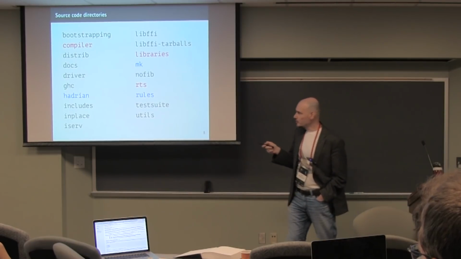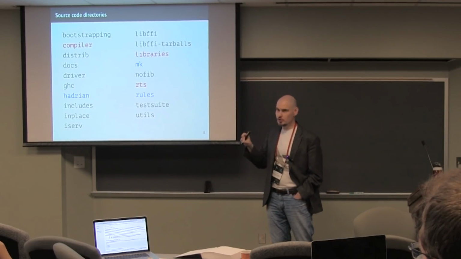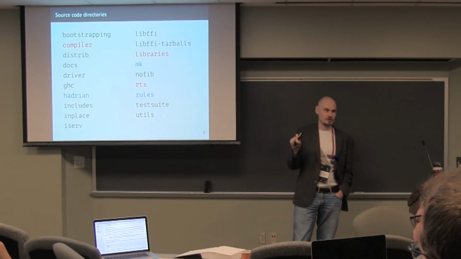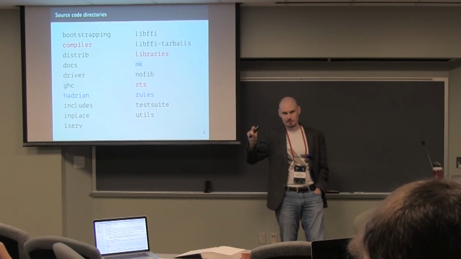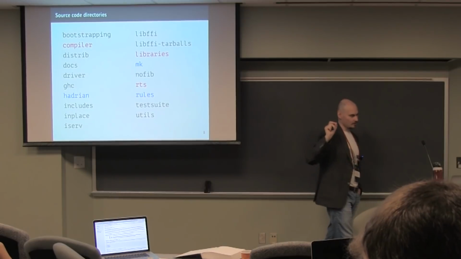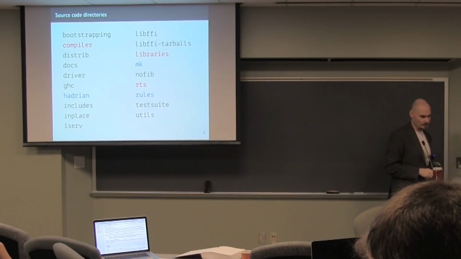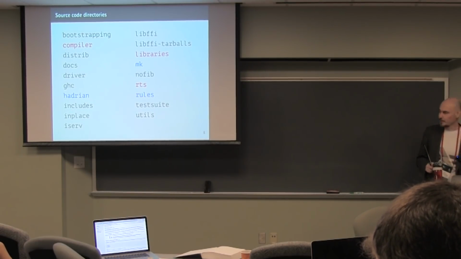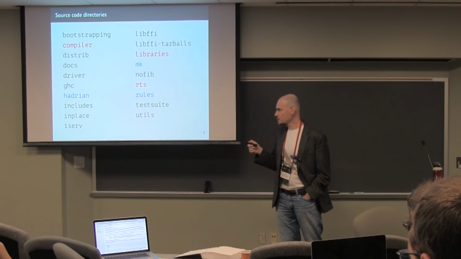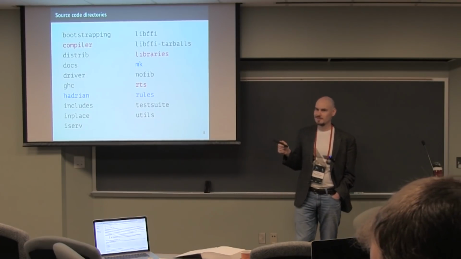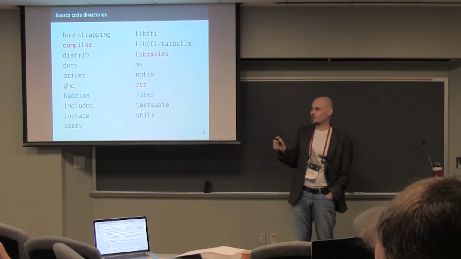GHC is about building the final executable for the GHC compiler. It's not a very big directory, very small actually. You can look at it. There's nothing interesting there. Then you can see this includes directory, and what does it mean for us? Includes. Who knows what it means in any code base?